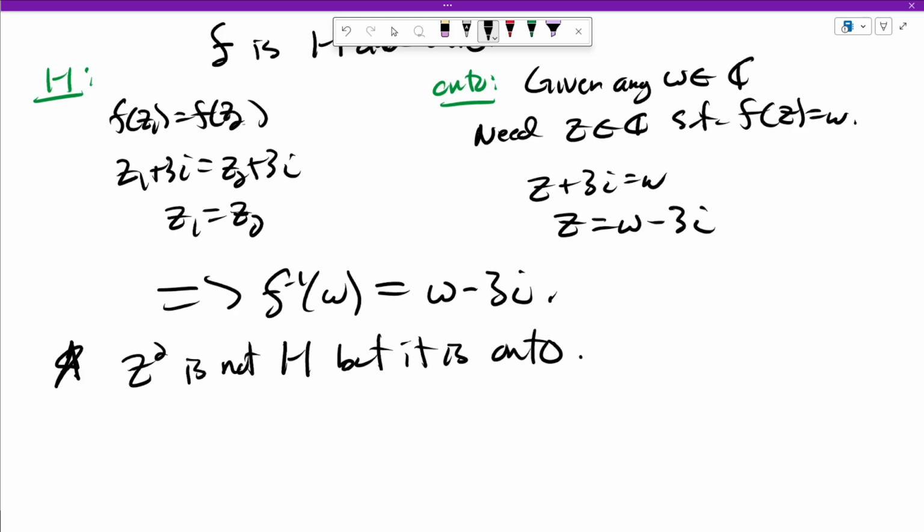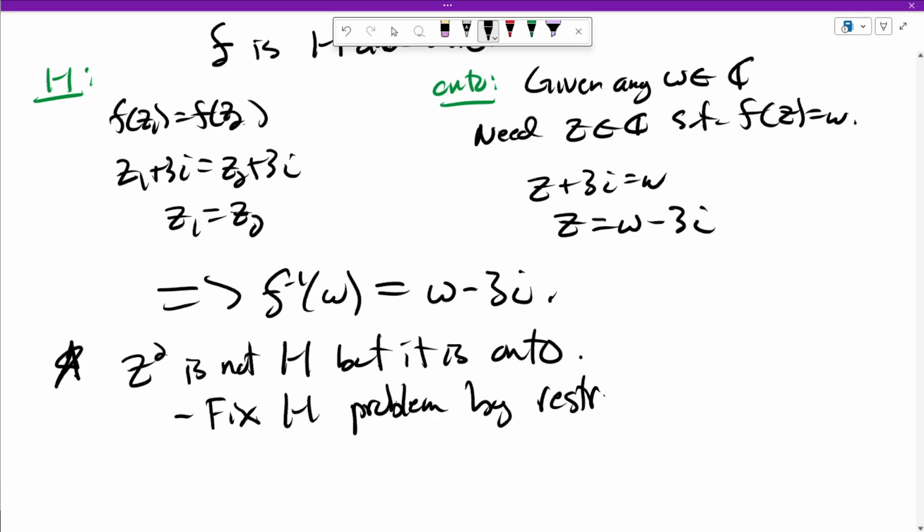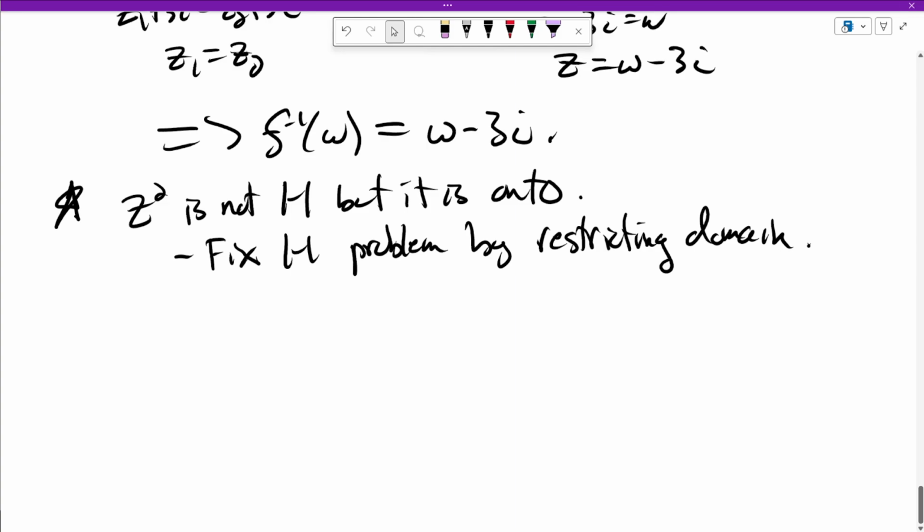The way in which we fix this is usually we fix the 1-to-1 problem by restricting the domain so that it becomes 1-to-1. Now this is something that you already understand from the normal square root function. Namely, we don't consider all real numbers as the codomain of the square root function. We think about just the positive real numbers, or the non-negative ones rather. Same thing, we're going to do the same thing here. Now I'm going to try to draw the domain.